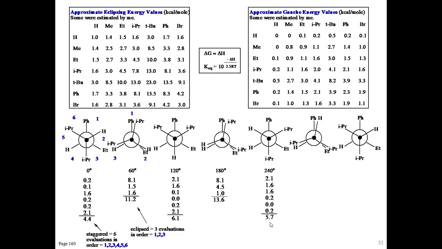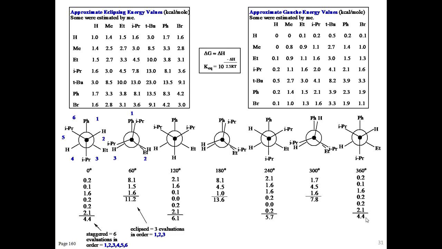So this is 5.7. So not quite the same as the staggered conformation here. And then we go to an eclipse. I'll let you take a look at that. Just check it in the table over here. And then we come back to where we started, 4.4.